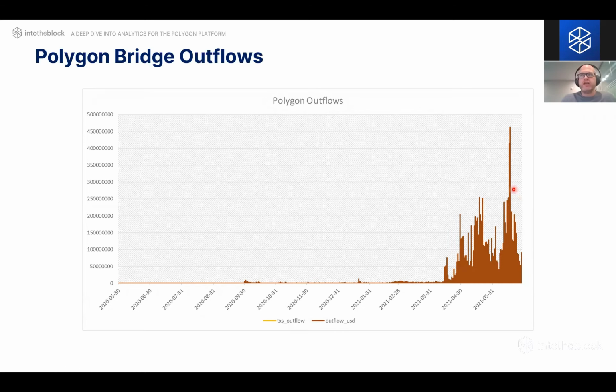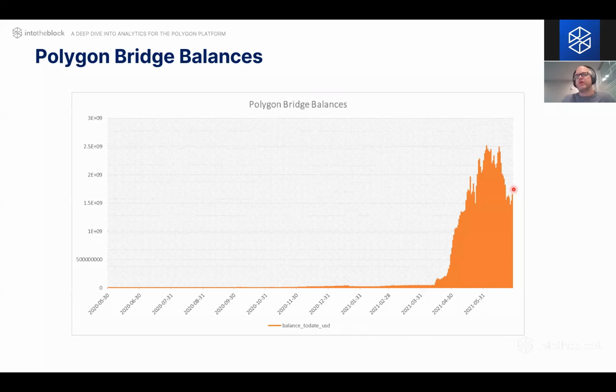And one analytic that we like a lot are the balances that are being moved through the bridge every single day. So look at these numbers, right? That's over 250 million or so that are being moved very actively between Polygon and Ethereum.